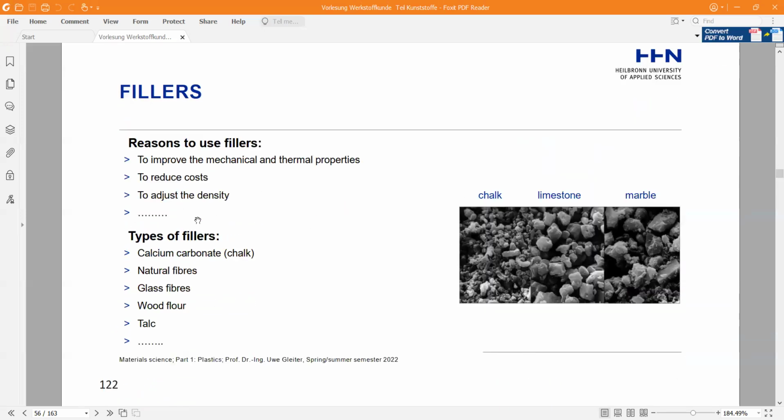So fillers, the reasons to use fillers: to improve the mechanical properties, reduce costs, adjust the density. And we have types of fillers: calcium carbonate or chalk, natural fibers, glass fibers, wood flour, talc, and others.